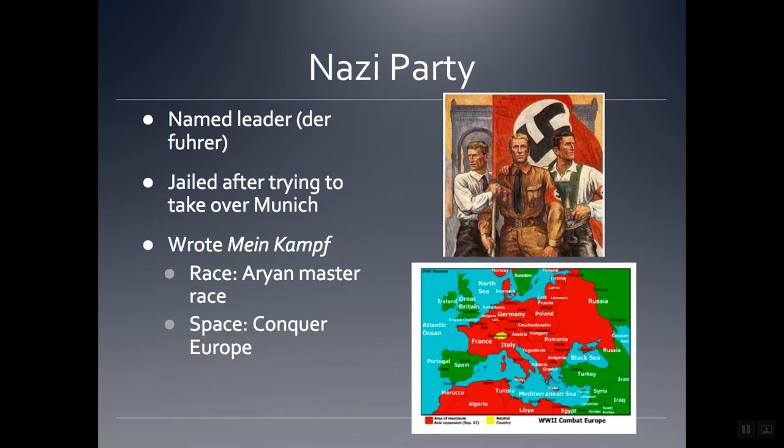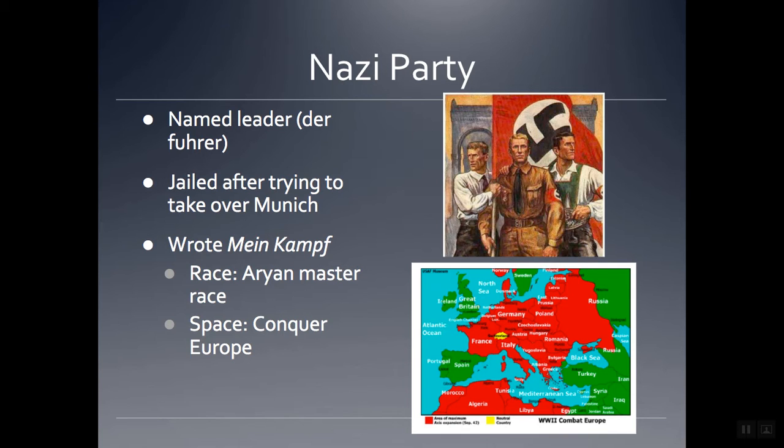And this is where he really starts to formulate a lot of his ideas, so much so that he actually writes Mein Kampf, which means my struggle. And he writes this book partially while he is in jail in Germany. The two main ideas that come from it are these ideas of race and space.